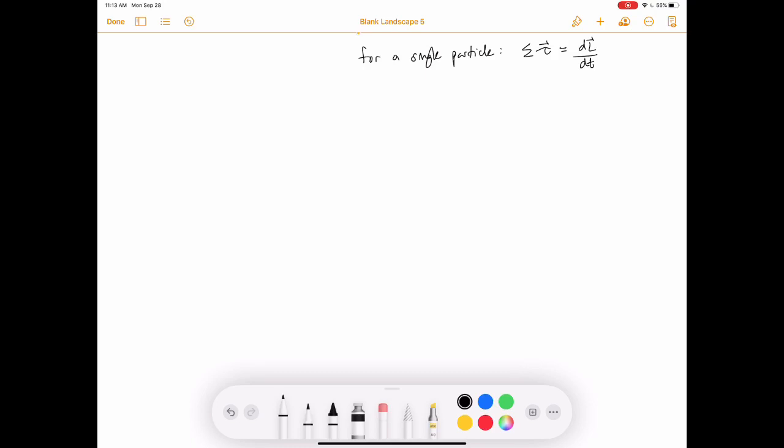And of course, if we have a system of n particles, so n is just the number of particles that we have, this result right here will apply to each one individually. So for each particle, I have that result which I can apply.